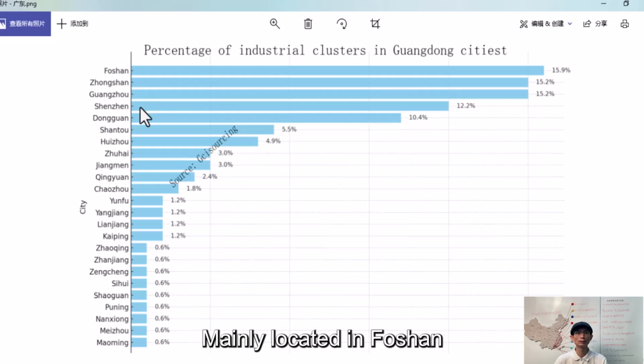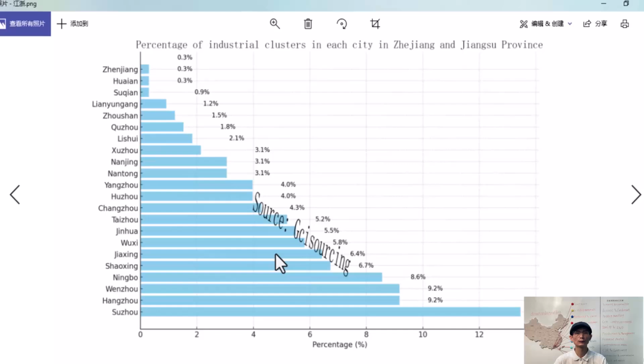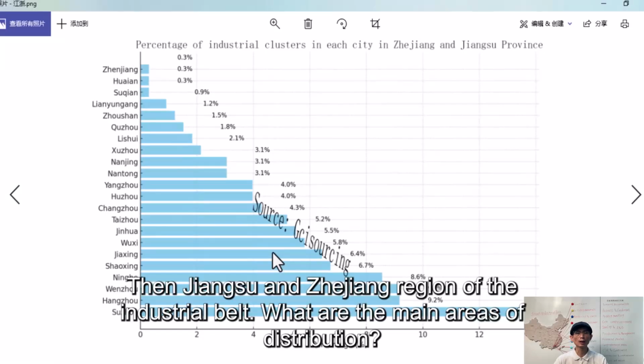Mainly located in Foshan, Zhongshan, Guangzhou, Shenzhen, Guangdong, Shantou, Huizhou. Then Jiangsu and Zhejiang region of the industrial belt. What are the main areas of distribution?